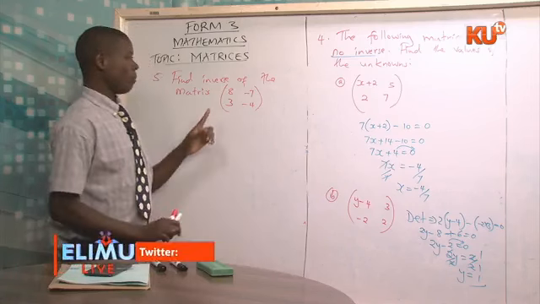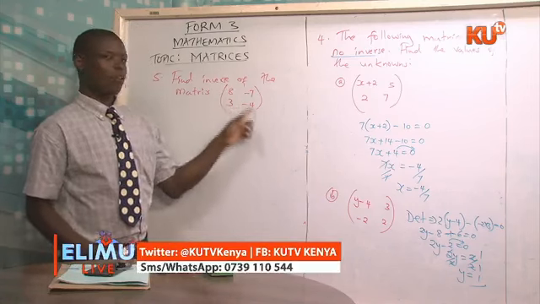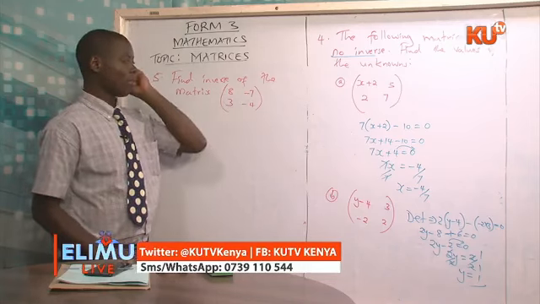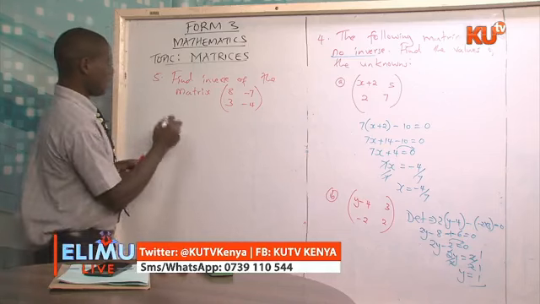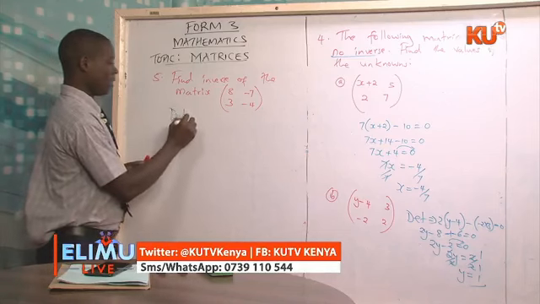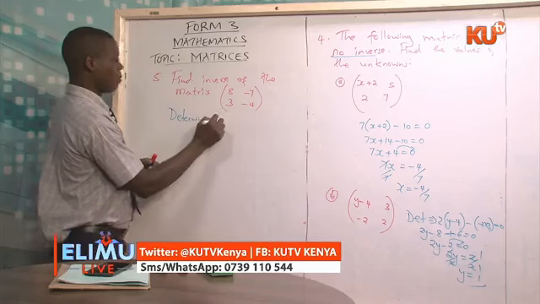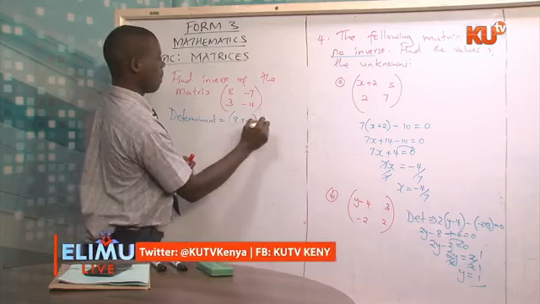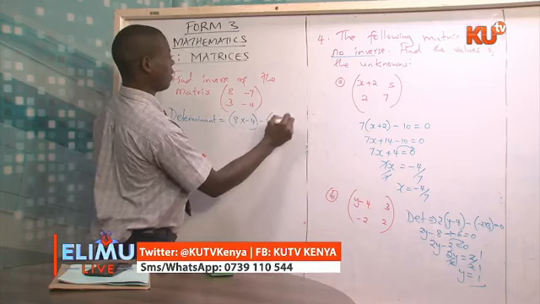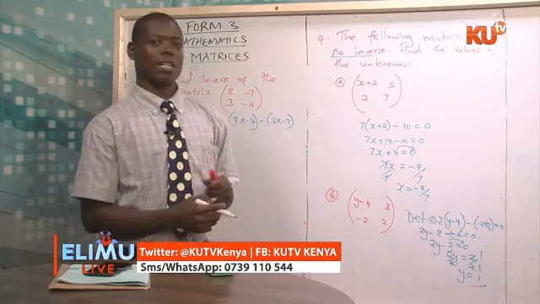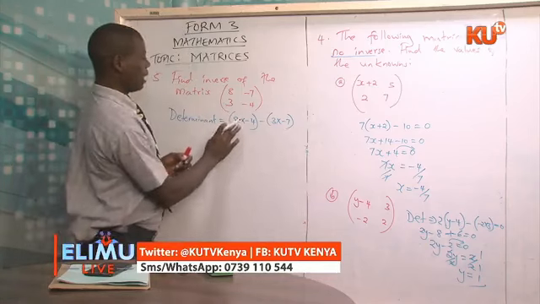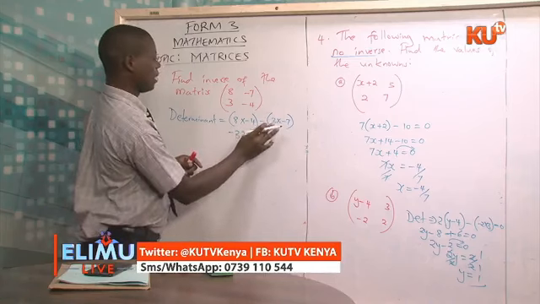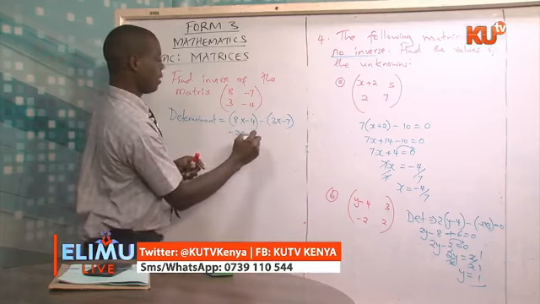The students should now be able to tell the elements. The leading diagonal is 8 and negative 4. The other diagonal is 3 and negative 7. Therefore, our determinant will be equal to 8 times negative 4 minus 3 times negative 7. 8 times negative 4 is negative 32, minus 3 times negative 7, negative 21.